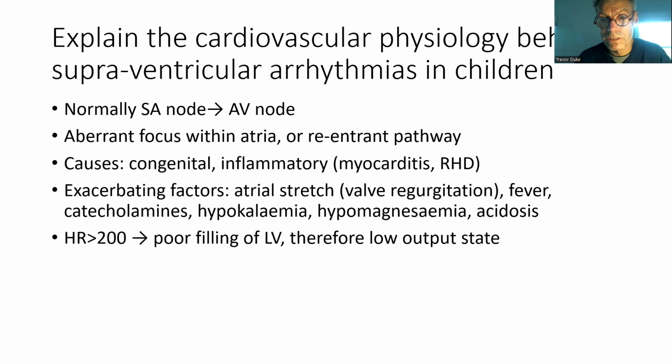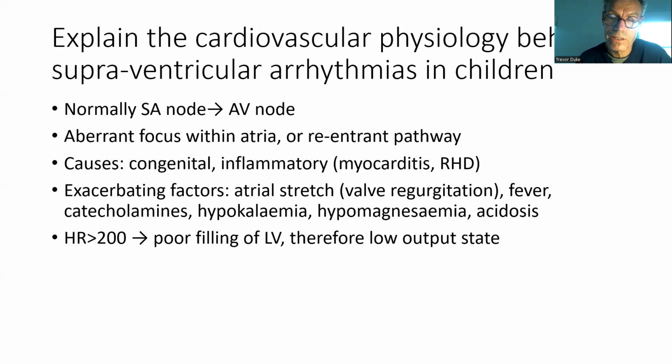In those children, adrenaline's not good for you. It will stimulate a faster heart rate, more propensity to SVT. And so actually the treatment is to lower the heart rate, of course, isn't it? It's with beta blockers, typically beta blockers, or adenosine or digoxin.